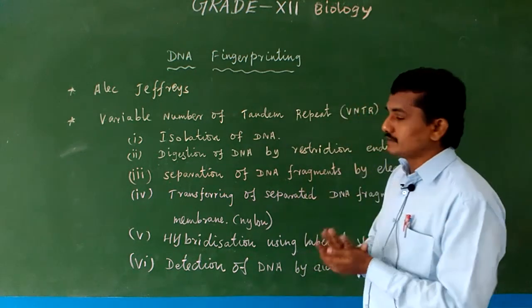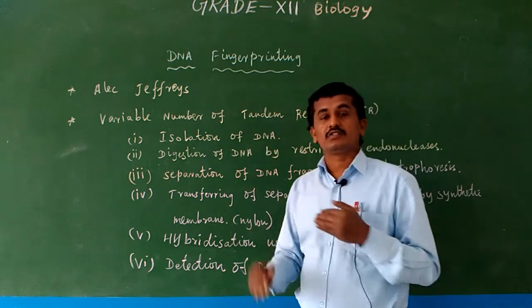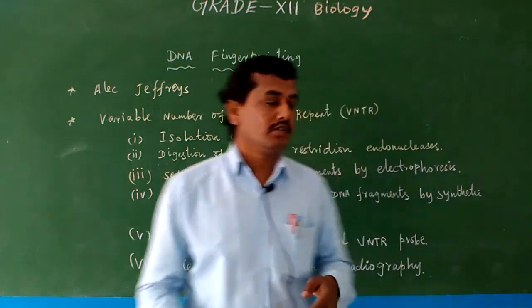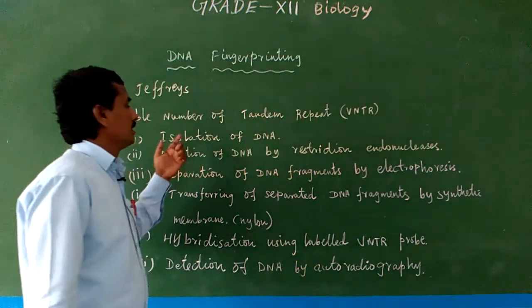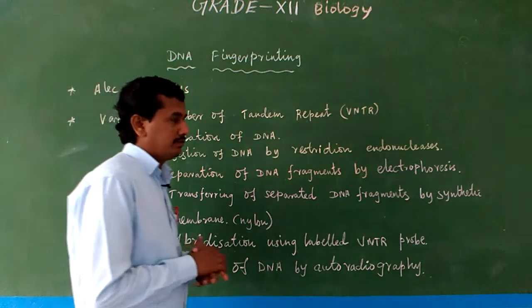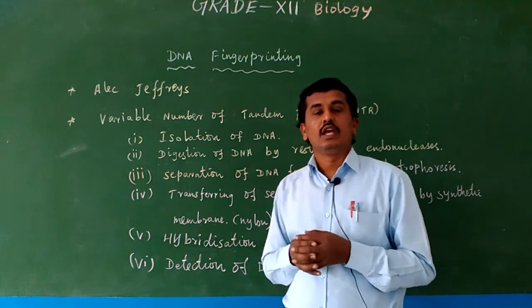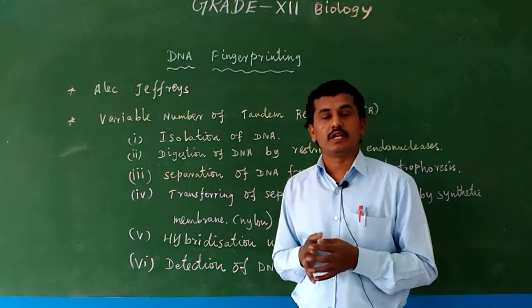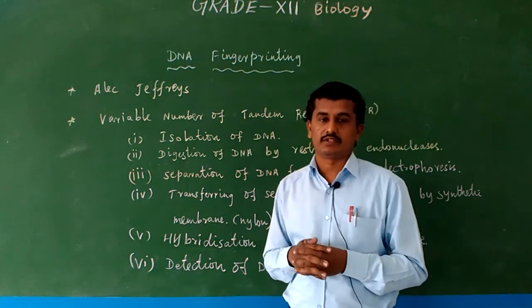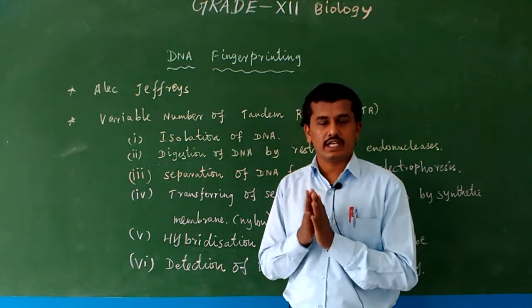The next one, what are the steps in DNA fingerprinting? First, isolation of DNA. How should isolation of DNA be done? For example, in our 12th standard practical also, isolation of DNA is a major experiment. For isolating the DNA, there are simple steps.